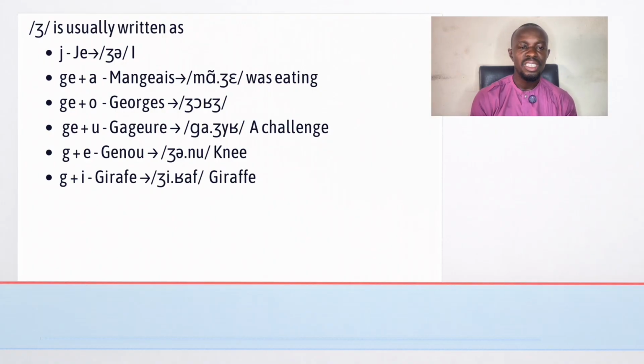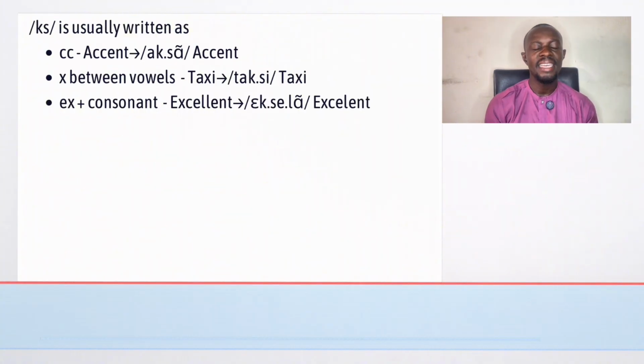Then G plus U gives us gazure. Then G plus E gives us genou. Then G plus I gives us giraffe.